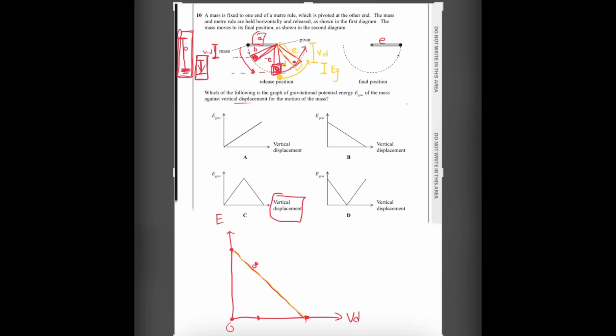So the answer to this question is B, since if we draw the graph from point A, B, C, it goes like this: point A, B, C is here and D is here.